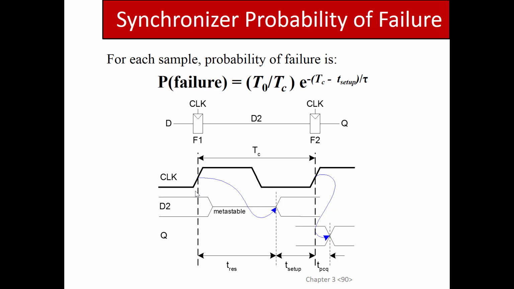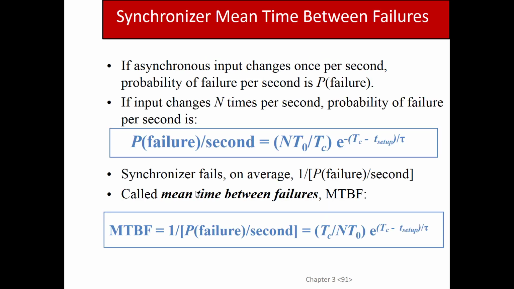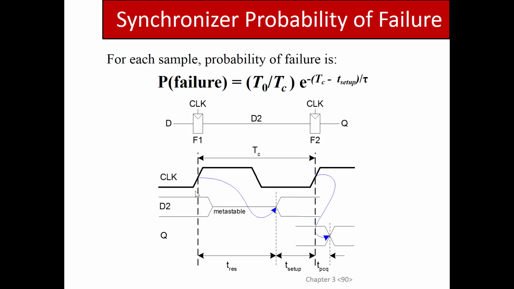We can substitute these in for t, and this gives us the probability that we'll get a failure at Q. And then we can come up with the probability of failure per second if we know how many times we're planning on changing this input.